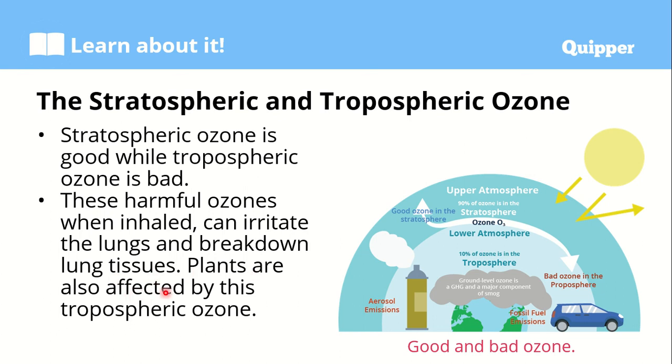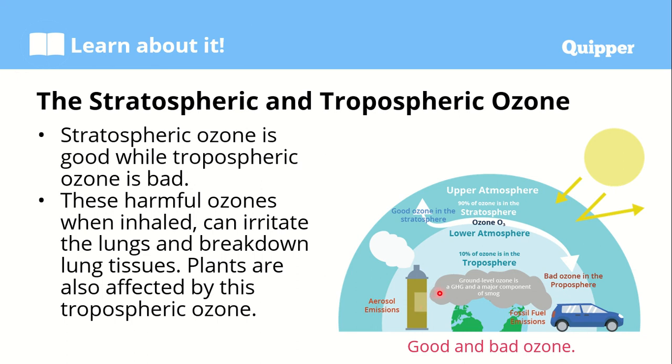Plants are also affected by this tropospheric ozone. Kasi nga, dili desirable nga si ozone mag-exist sa troposphere, kaya dili siya pwede ma-inhale sa mga tao or any other types of living things. Dapat si ozone mag-exist lang dito sa ozone layer, which is located in the stratosphere.